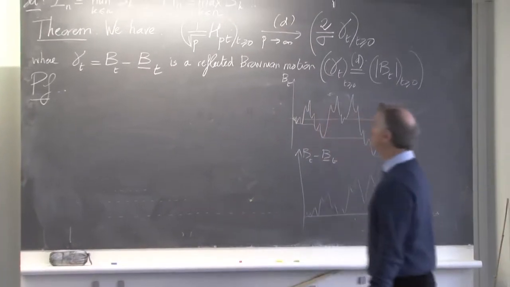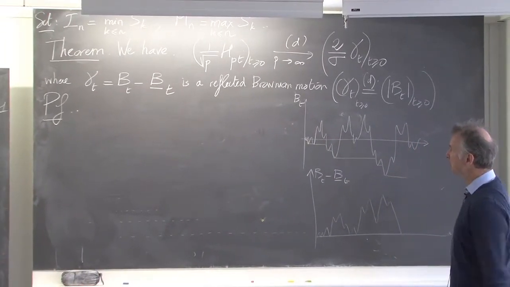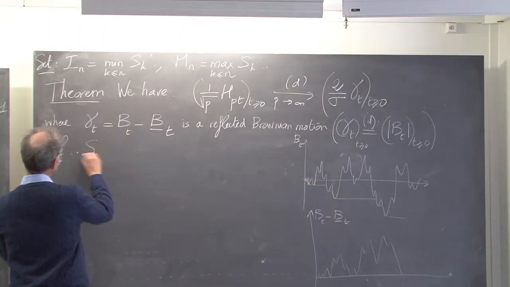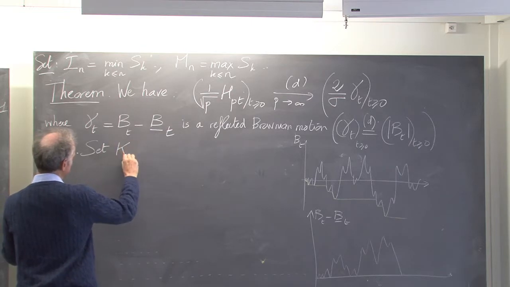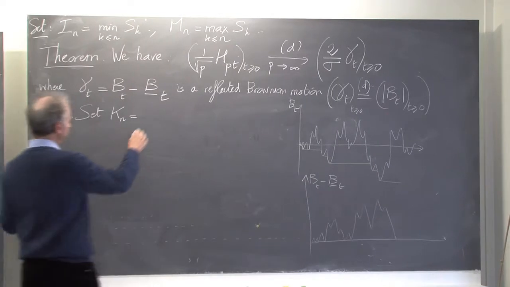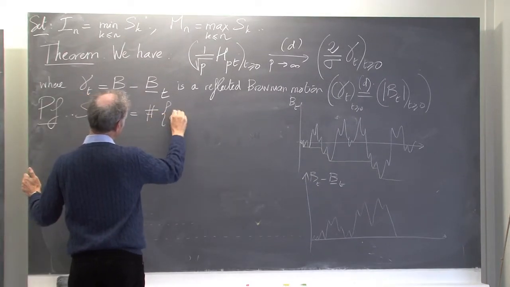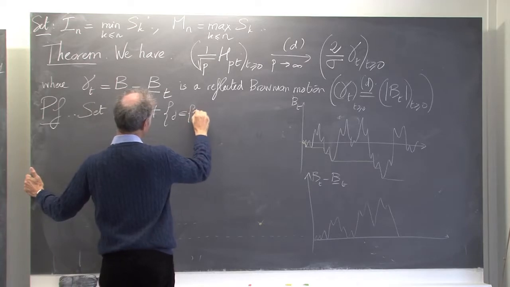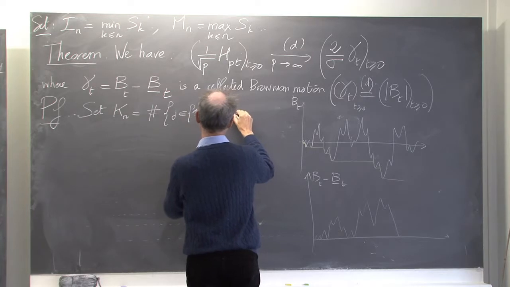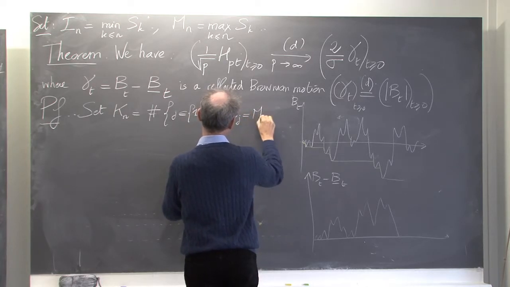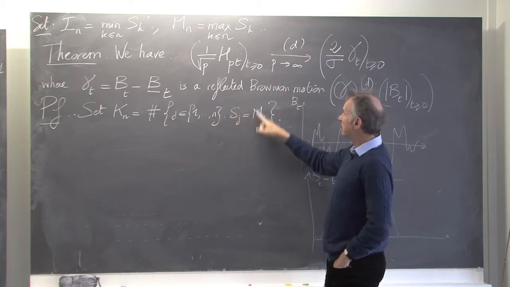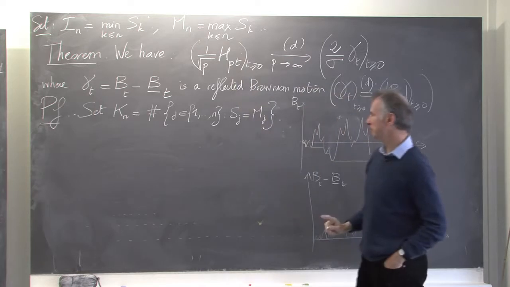So what are we going to do? I will start with some discrete results, in fact. I need to introduce, I'm sorry, there is a lot of notation here, but I will try to keep the relevant notation. I will introduce K_n. This is the cardinality of the set of j between 1 and n which have the property that S_j is equal to M_j. Remember, S is your random walk, capital M is the past maximum of the random walk.